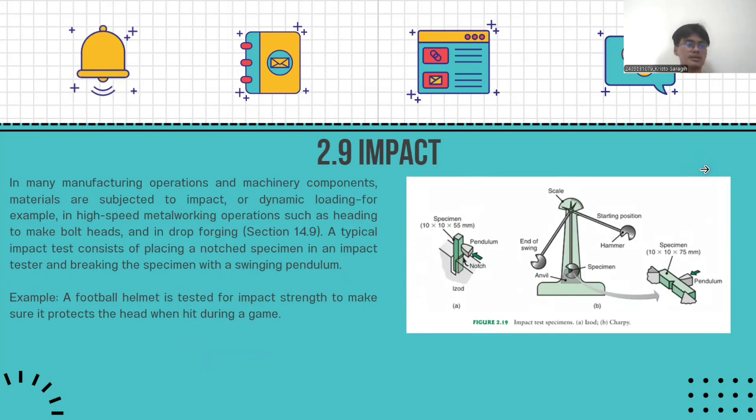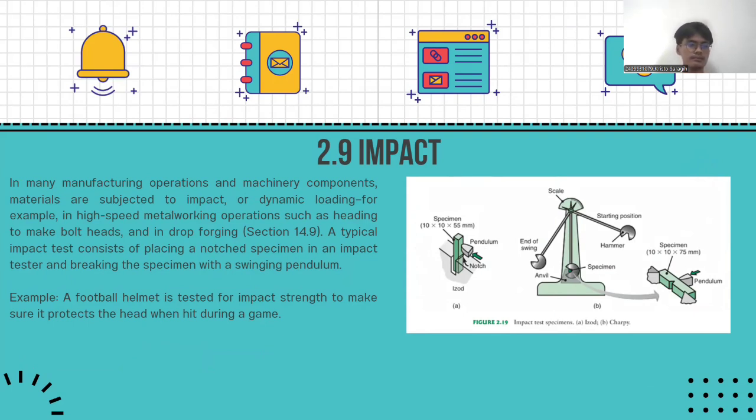Impact. In many manufacturing operations and machinery components, materials are subjected to impact or dynamic loading, for example, in high-speed metalworking operations such as heading to make bolt heads, and in rock forging.